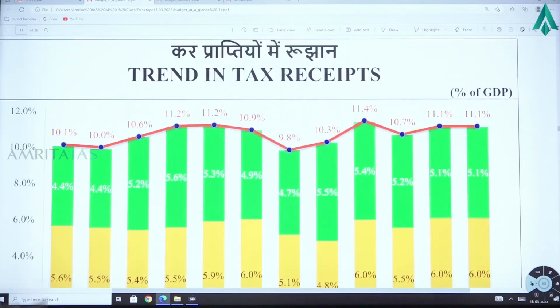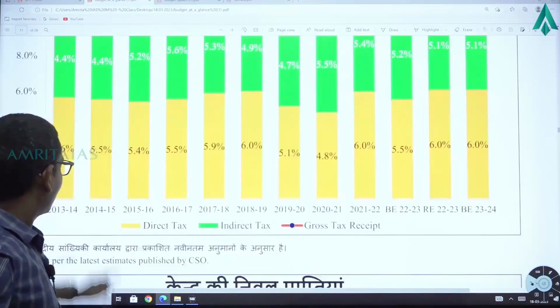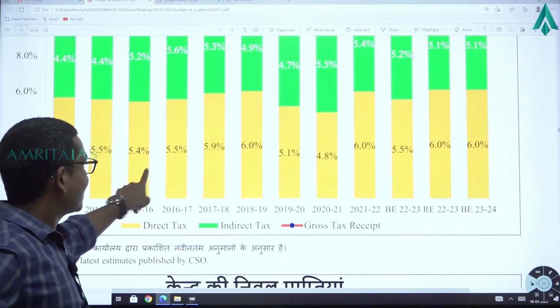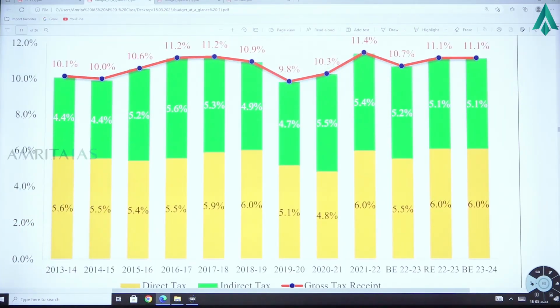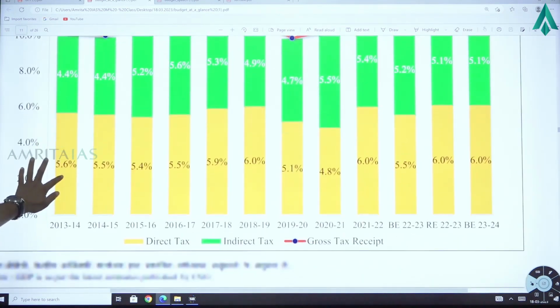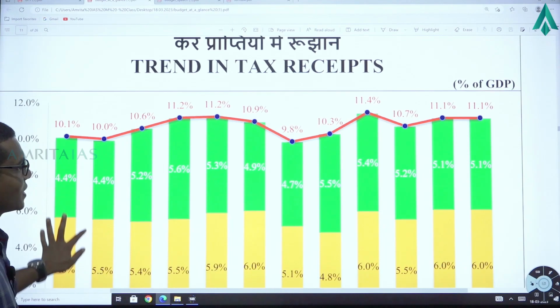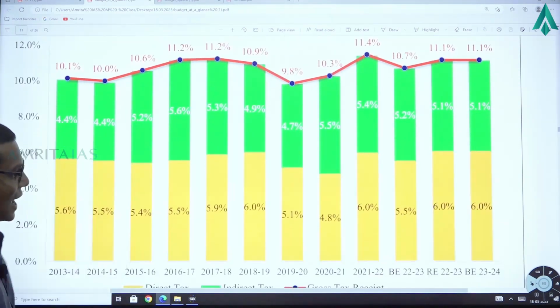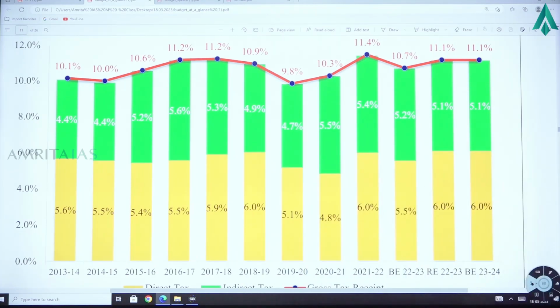What is this? Trends in tax receipts. This is direct, this is indirect, gross tax receipts. Tell me, as a percentage of GDP. See, as an absolute number it may increase.